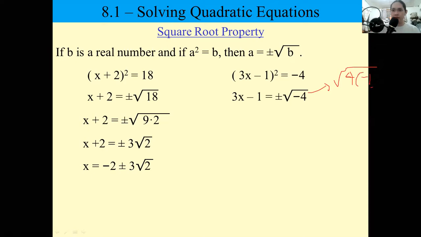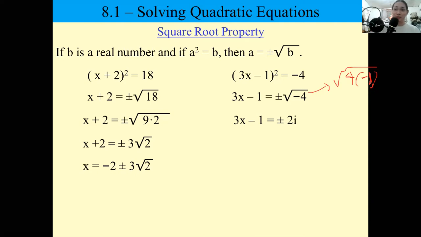Square root of 4 is 2. Square root of negative 1 is i. So you can just have 2i. Yes, exactly. 3x minus 1 is equal to positive and negative 2i.